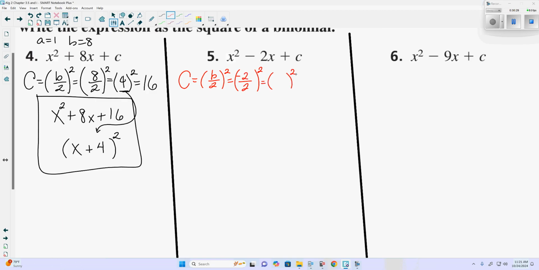negative 2. And again, we could plug this in, parentheses, negative 2 over 2, close parentheses, squared. I think it's better, especially with factoring, to divide first. Negative 2 divided by 2 is negative 1. And negative 1 squared is 1.